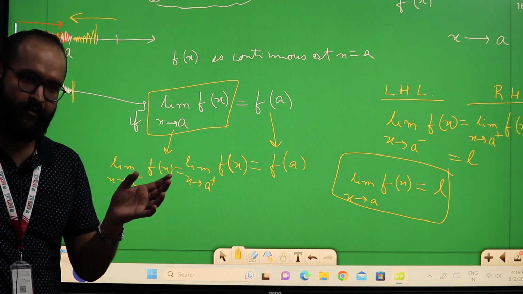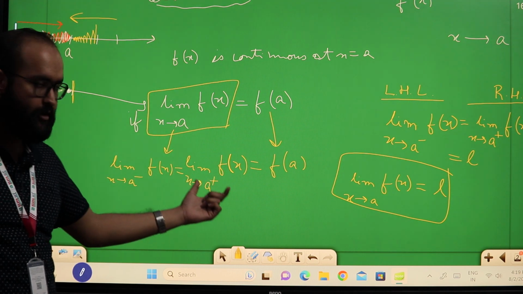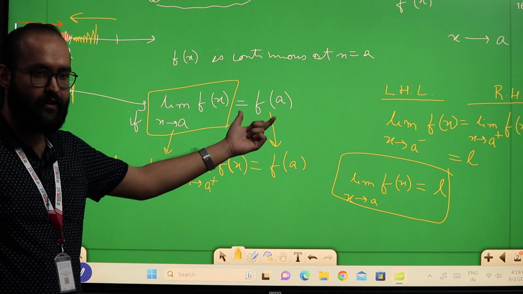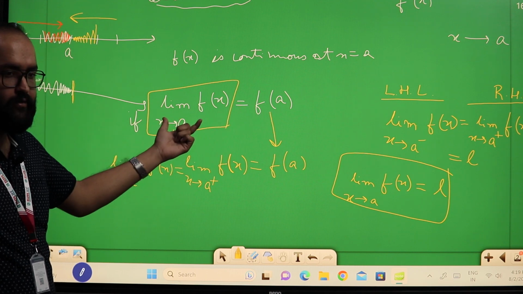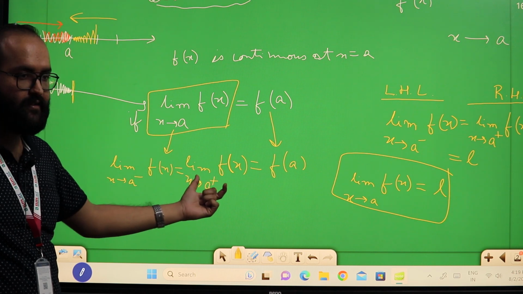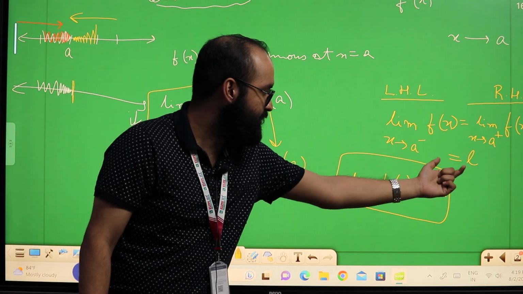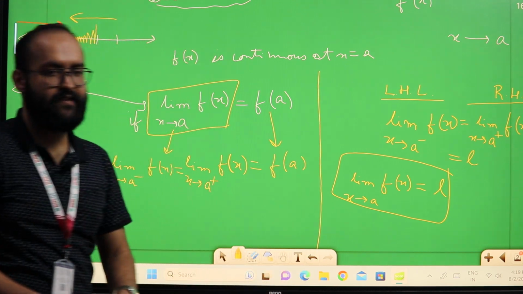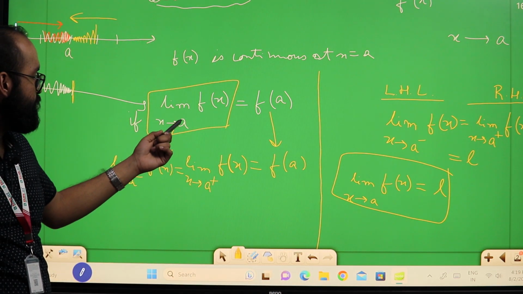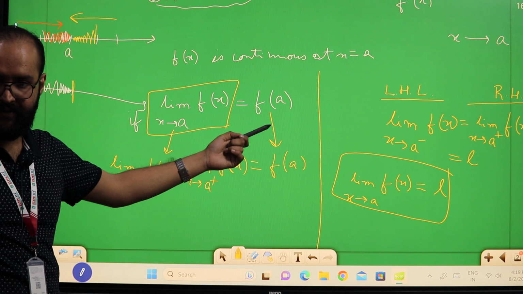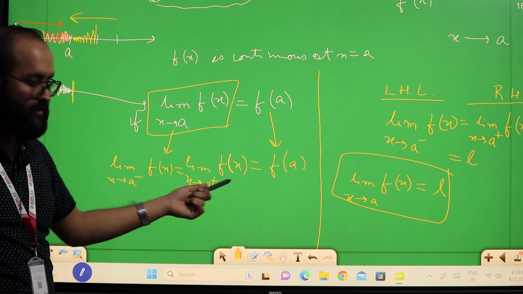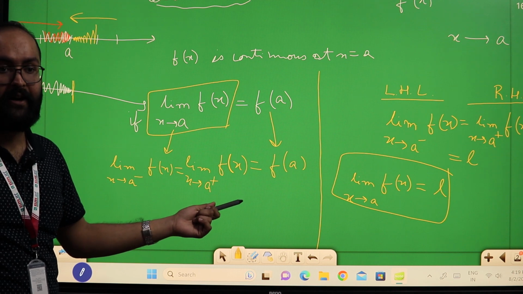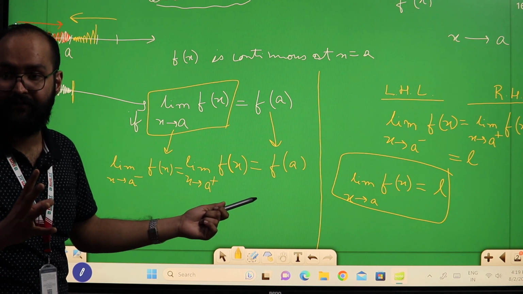When both are equal, the limit exists, and that should be equal to f(a). This value is actually equal to this and this, L. So in some questions you will need to use the first one or the second expanded form, depending on how your question is given or how your function is defined.